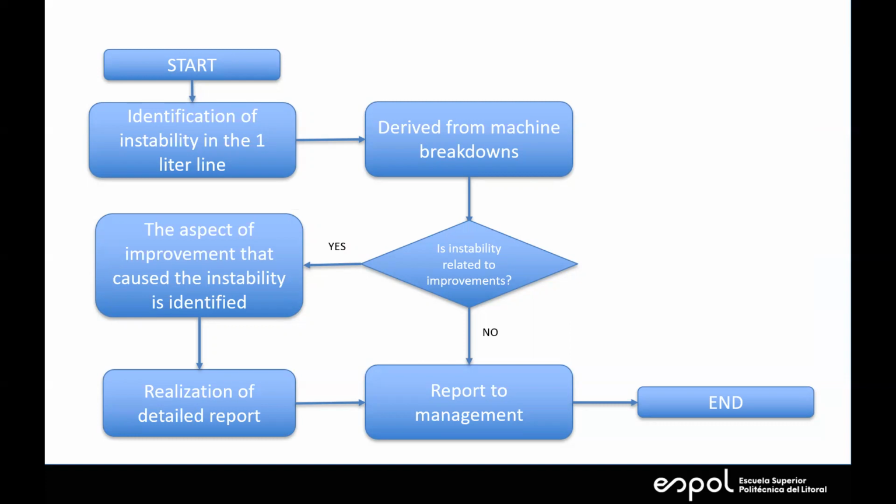If this answer is positive, the aspect of improvement that causes the instability is identified. Later, realization of the report, and finally a report to management. Or if the answer is negative, simply a report to management.